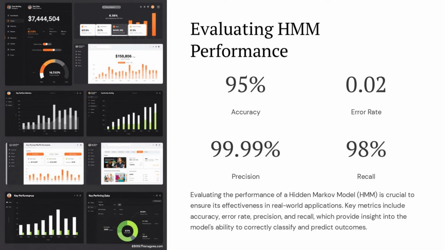Precision tells us how reliable the model's positive predictions are. Our model has near-perfect precision at 99.99%. Recall measures how well the model identifies all the positive cases. Our recall rate is 98%, meaning it's catching nearly all the relevant outcomes. Overall, these metrics demonstrate our HMM is performing extremely well and can be relied upon to deliver accurate and reliable results in real-world applications.